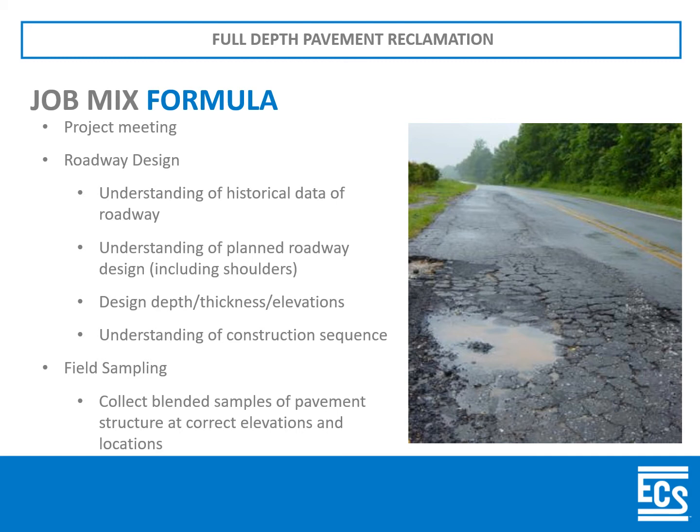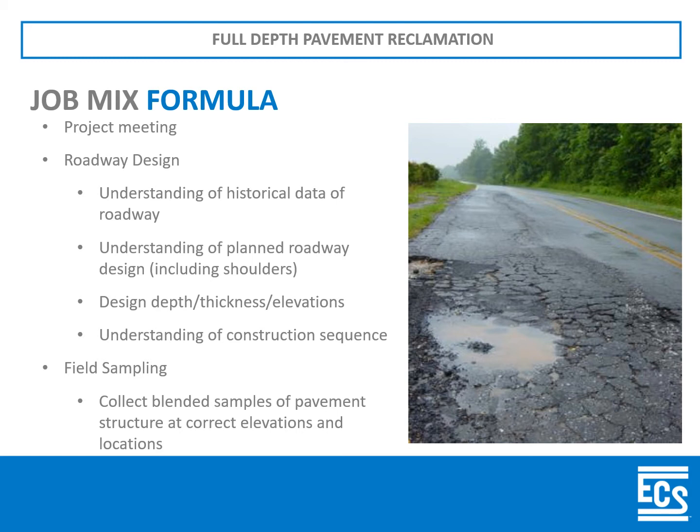And then we need to also understand the construction sequence. What is the contractor planning to do, or how are they planning to blend this material in place? Do we need to mill a little bit before we collect our sample? How are they going to move the soils around, or the blend of matrix around, such that we can make sure that what we're sampling is exactly what they're going to do in the field?